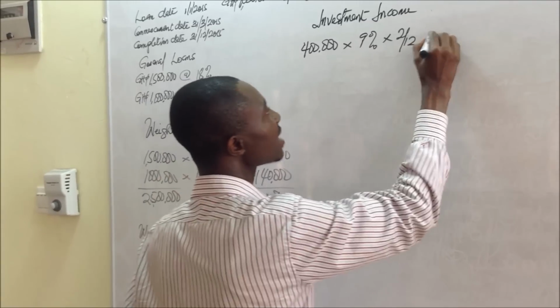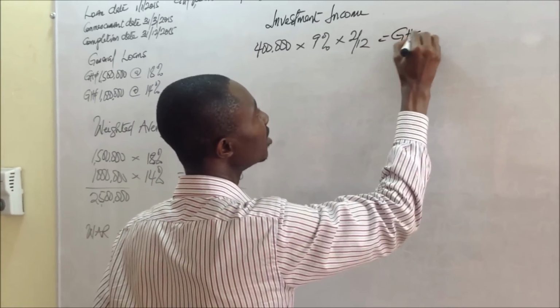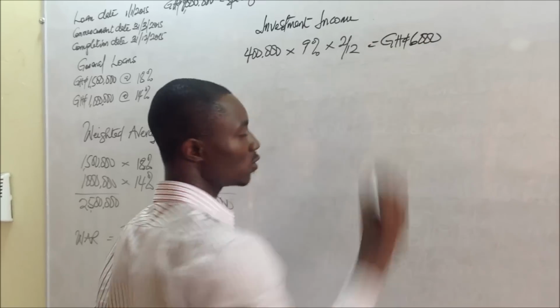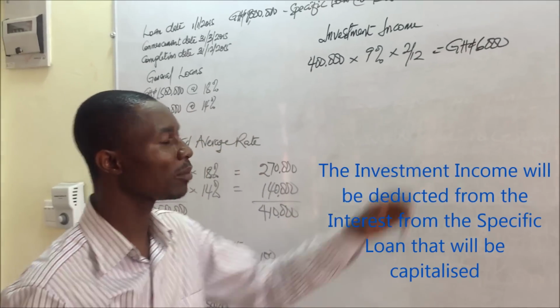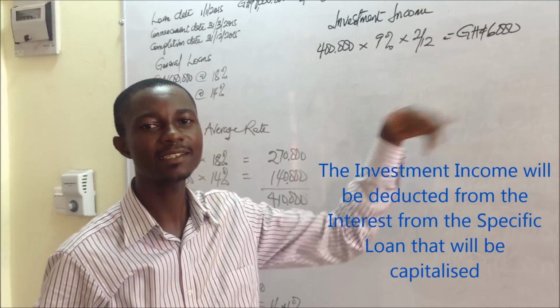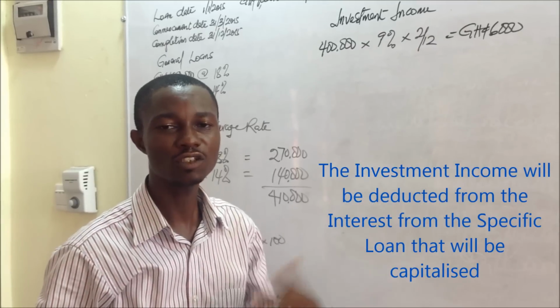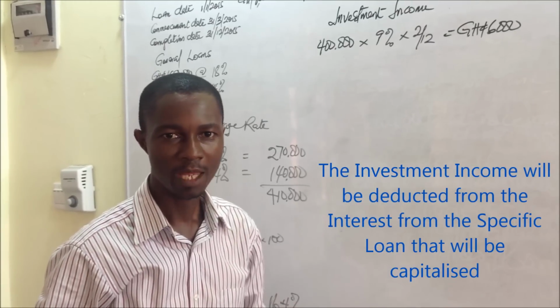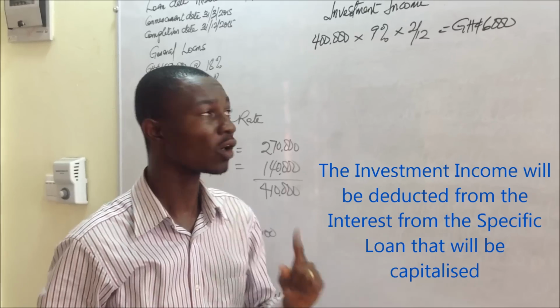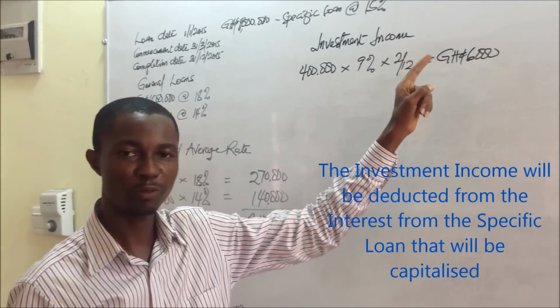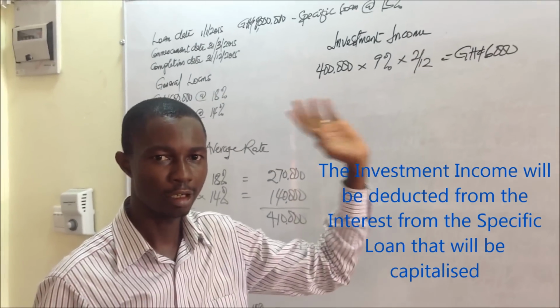So this gives us an investment income of 6,000. Now this investment income of 6,000 will be netted against any specific interest coming from the specific loan for the purpose of capitalization, because the funds that were used for the investment came from the specific loan.